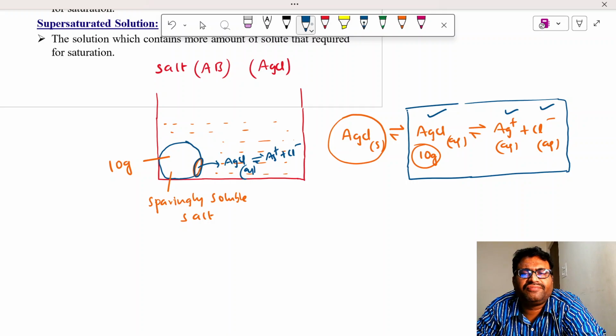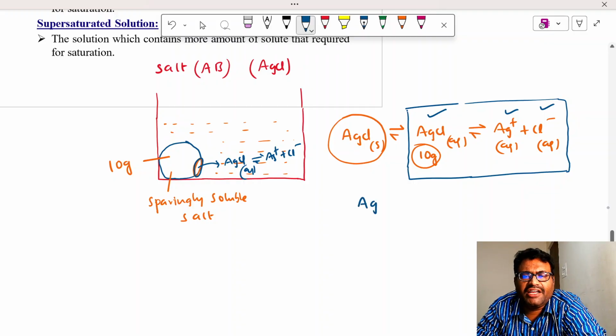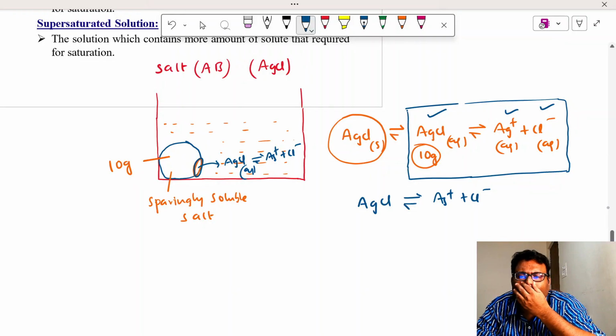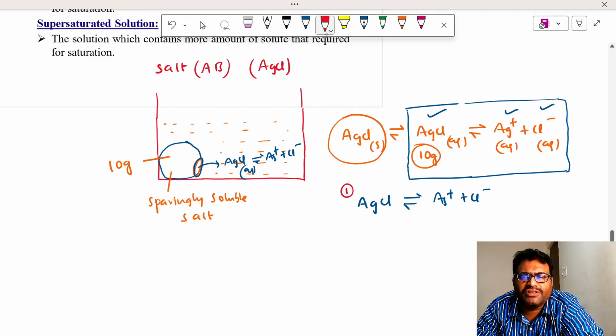If I consider here AgCl giving Ag plus and Cl minus, if 1 mole is dissolved, how many moles are formed? Ag plus 1 mole and Cl minus also 1 mole.